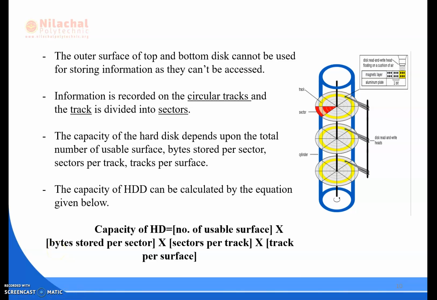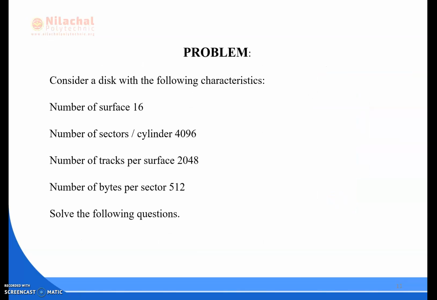So we will have to find out the number of surfaces, then the number of tracks, then the number of sectors per track, then the total bytes of memory that can be stored per sector. So this is the capacity of the hard disk.